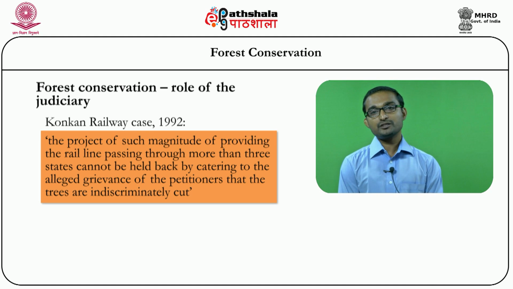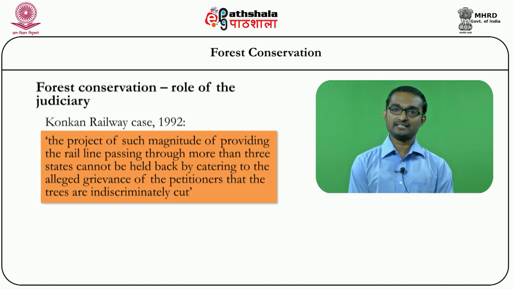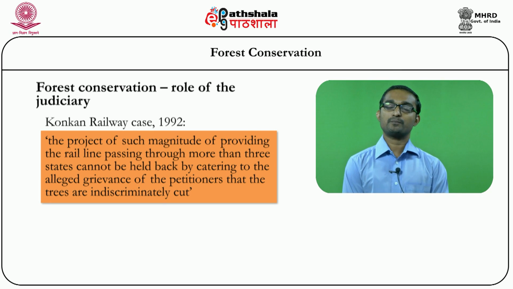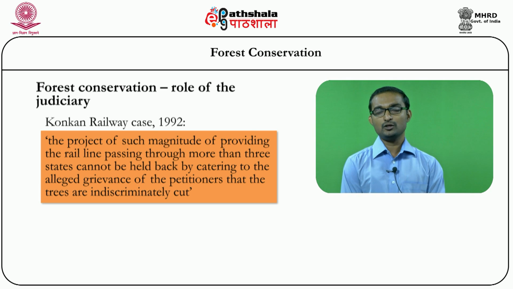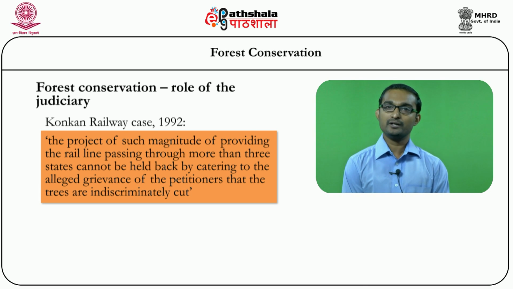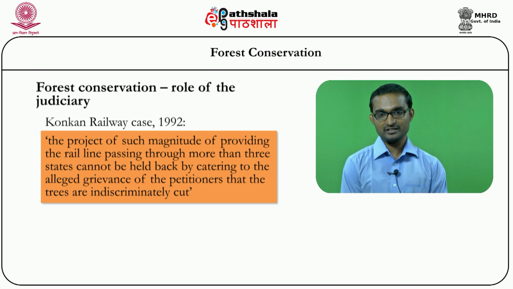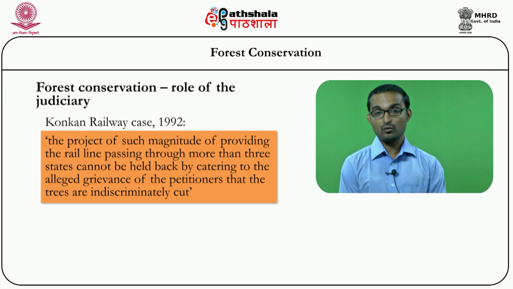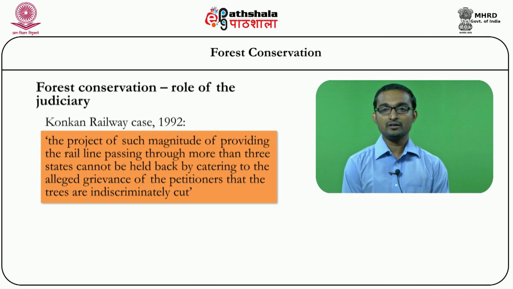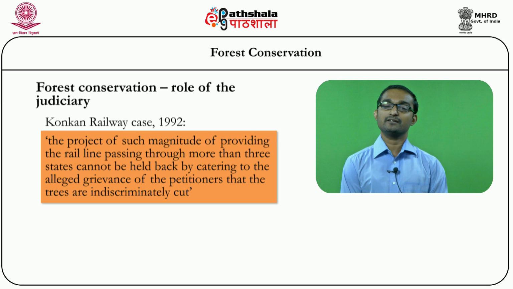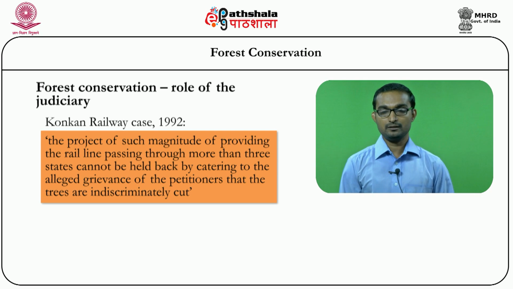While the Konkan Railway project was identified as a project that should be permitted in the interest of the public, housing colony projects were considered as not to be permitted, where the court gave more weightage to the ecological part of conserving forest, whereas in the case of the Konkan Railway project the court gave more importance to the development project and considered the implications on the Western Ghat forest, the rainforest in Western Ghat, as inevitable to facilitate an essential development project.